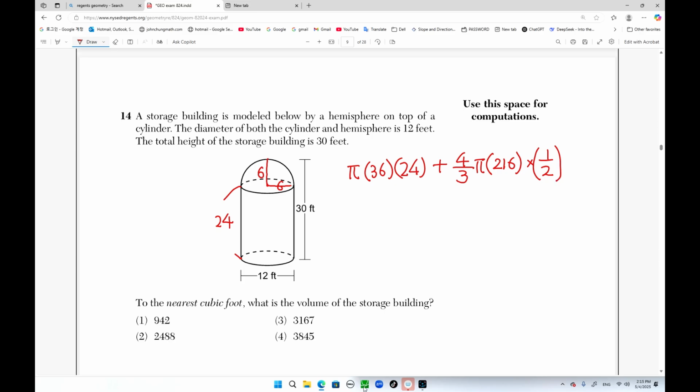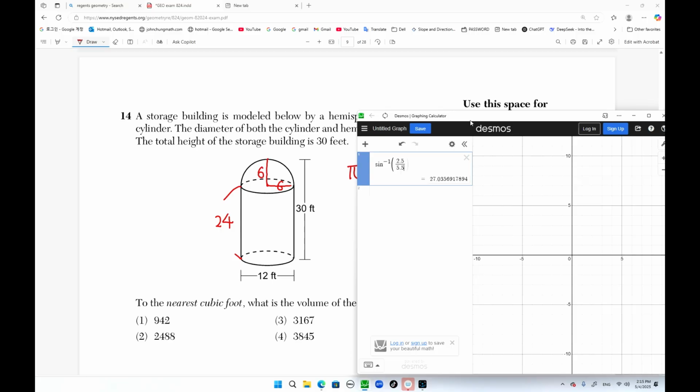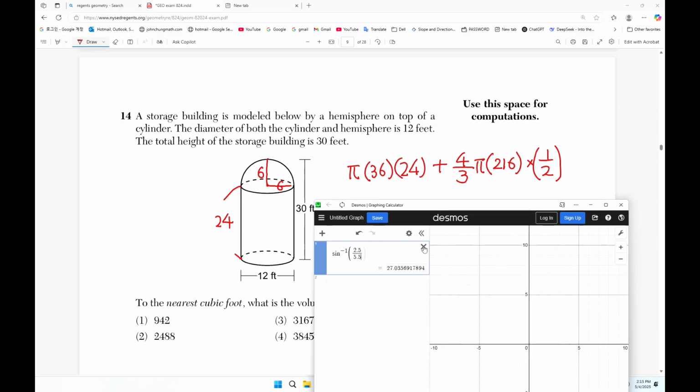So we're going to use decimals over here. Check it out.